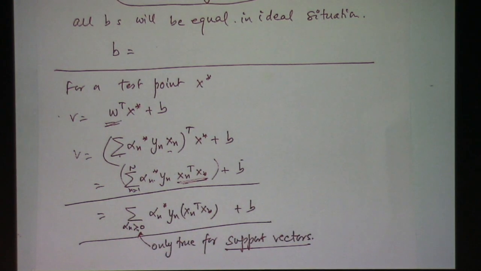You will need only those alphas that are greater than 0, corresponding to the support vectors. All right, any questions so far? Okay, so this is just SVM.